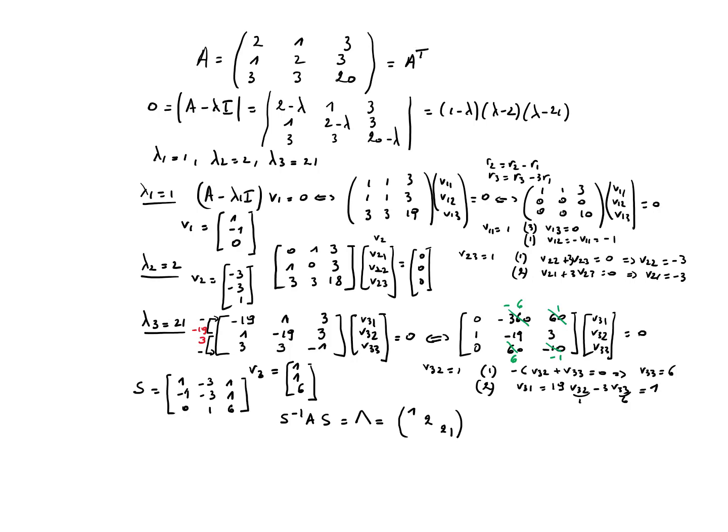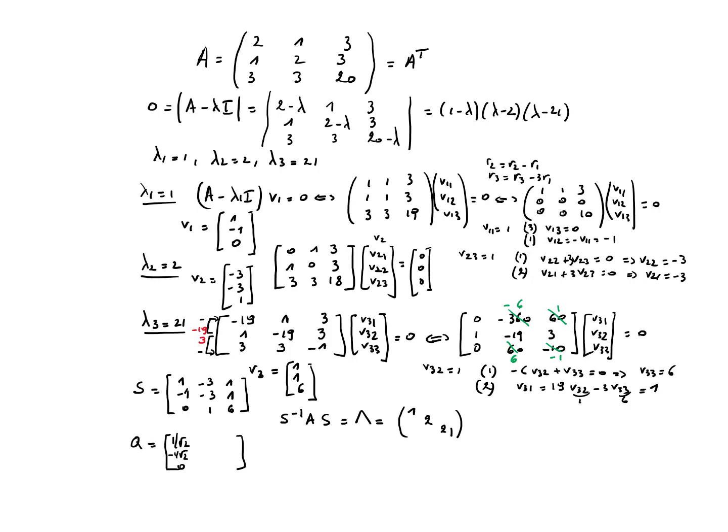Well, you can work with a matrix Q, okay, and the matrix Q here, you have to take the eigenvectors and give them a unit length, okay. So in this case, this will be 1 over square root of 2, minus 1 over square root of 2, 0.